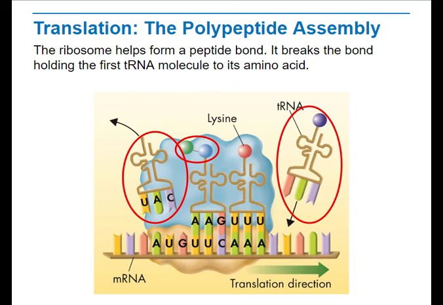Our product is mRNA. That mRNA then moves to the cytoplasm and goes through translation. The product of translation is a protein made from the polypeptide chain that's made according to the instructions in the mRNA.